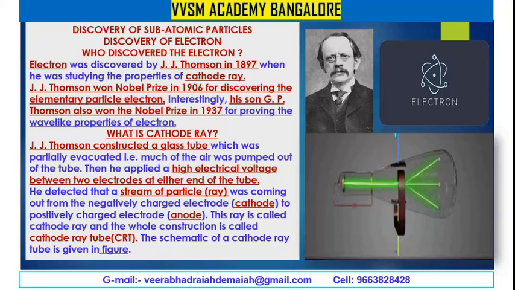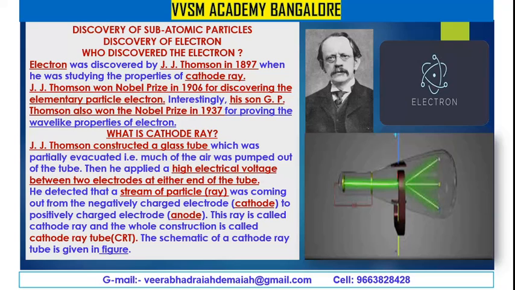And Thomson's son, that is G.P. Thomson, also won the Nobel Prize in 1937 for proving the wave properties of electrons. I am telling you about the correlation of the corpuscular theory and the wave theory of light, which is a part of the science of electrons.